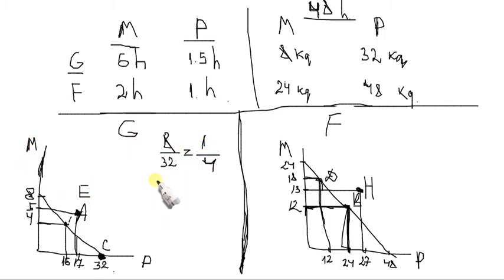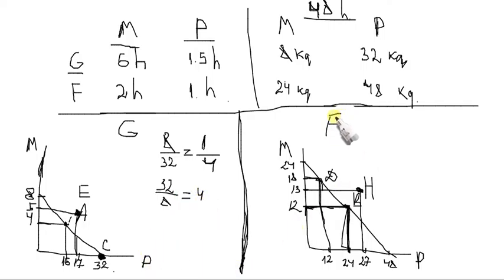And the vice versa is also true. When the gardener wants to produce 1 kilogram of meat, he must give up 4 kilograms of his potatoes.